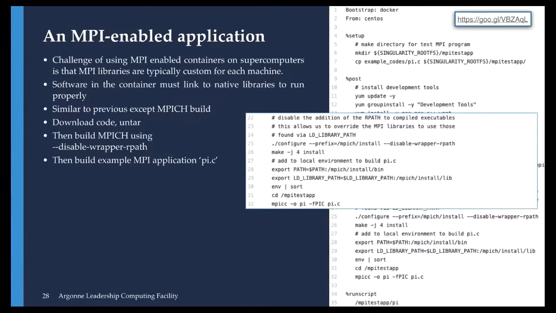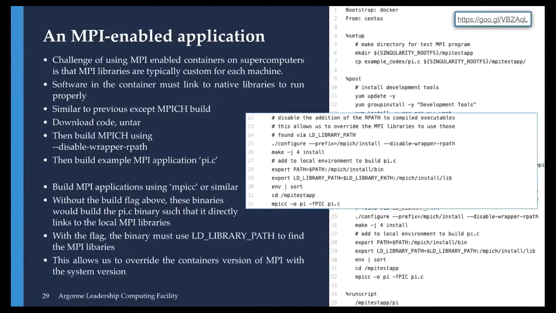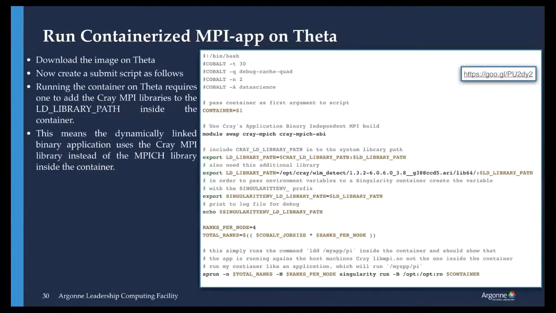So that's really the trick there, just adding that to your configure, and then otherwise you just build MPICH. And I'm explaining that in this text. I tried to include all of the pertinent text so the slides are readable.